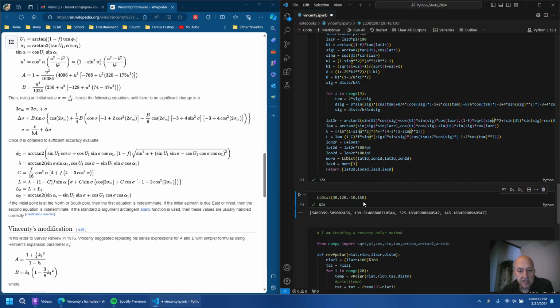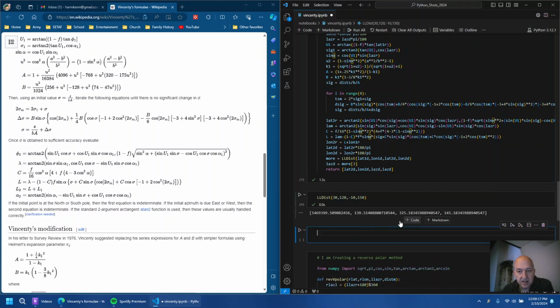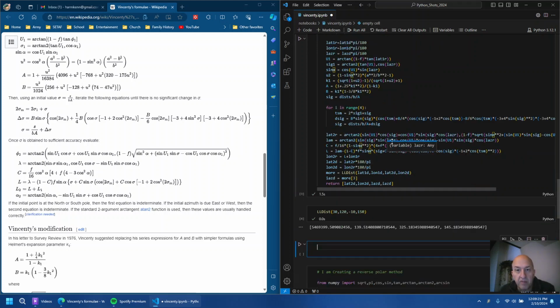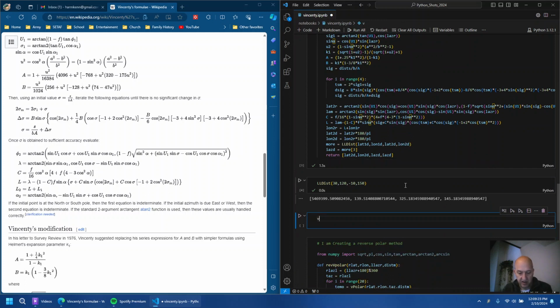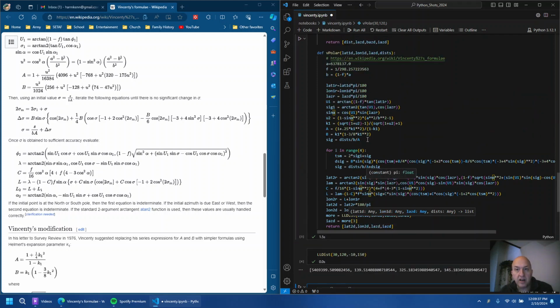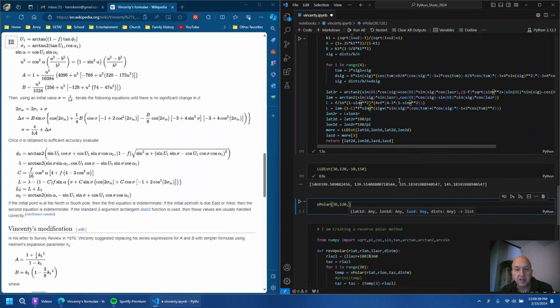So let's try something like that. I called this one V polar, for Vincenty, V polar. I need a beginning latitude and longitude. I need a launch azimuth and a distance.